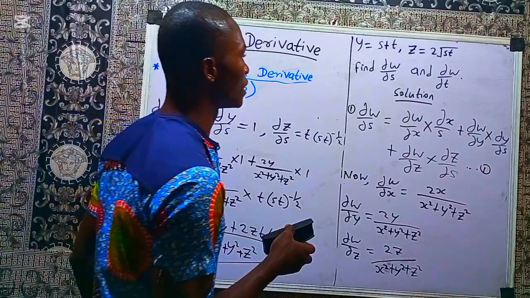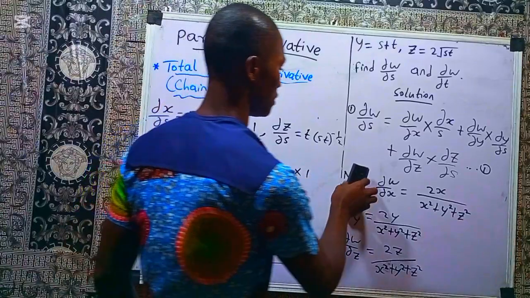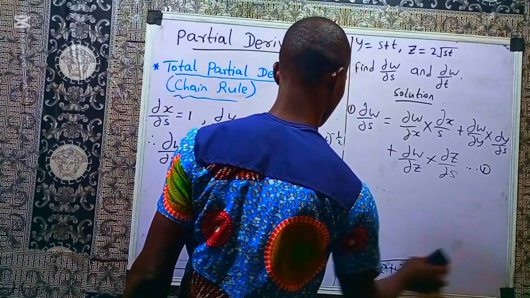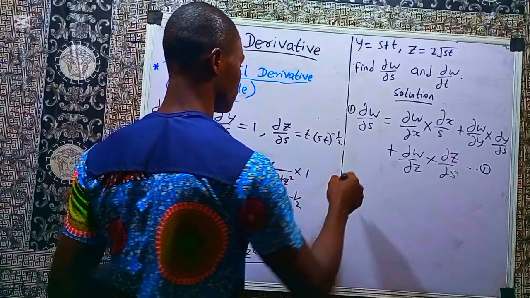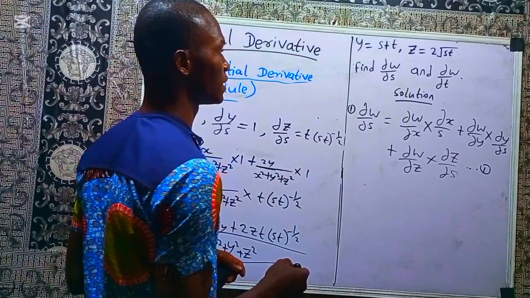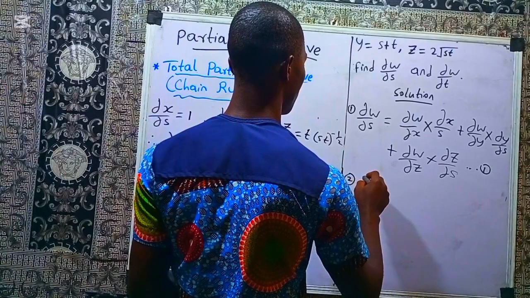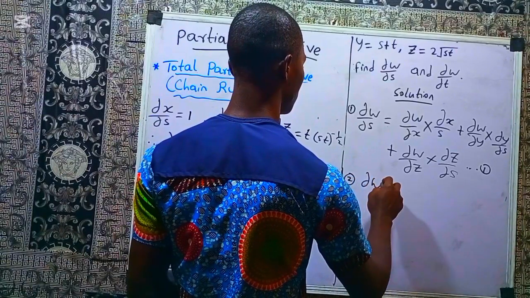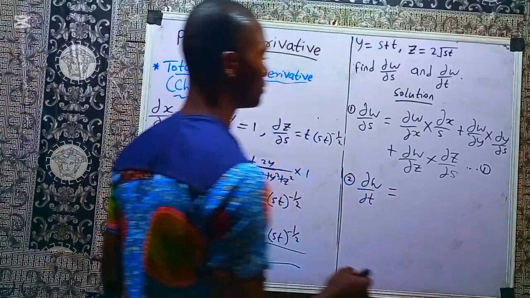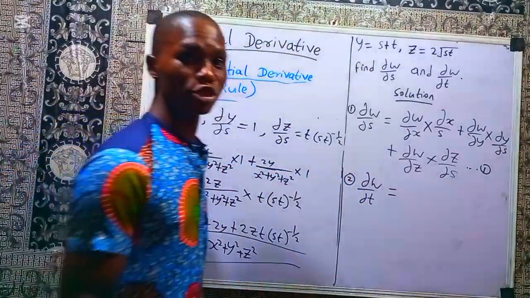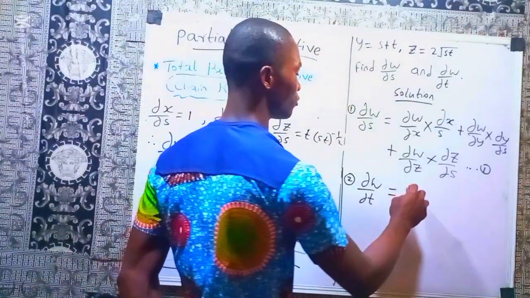Now the second one, we are going to find the second one. What is the second one? It is partial w partial t. You just mimic this one we have written here. Partial w partial t will be what?